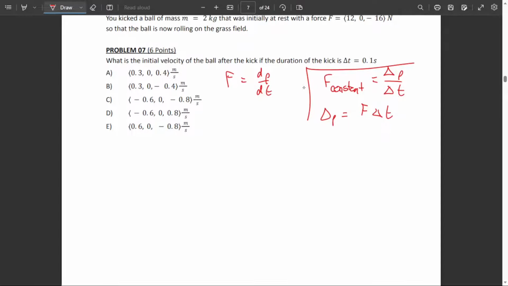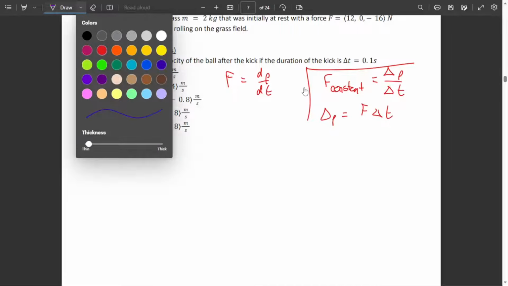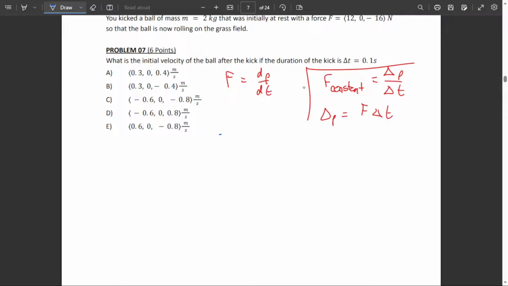So, let's do that. The final momentum of the ball is going to be equal to the initial momentum plus the change of momentum. The initial momentum is 0 because it's at rest, so that just gives us the change of momentum.